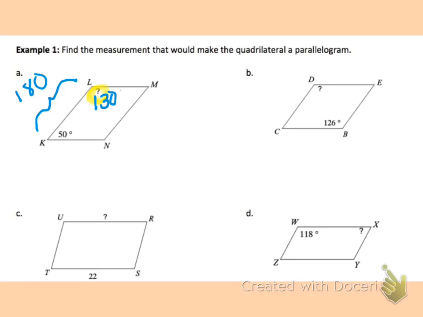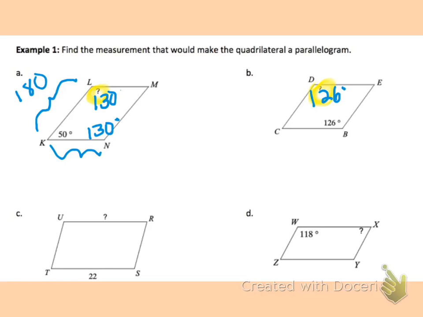And then so would N have to be 130 degrees, because you'd have to have at least two pair of consecutive angles being supplementary. So if you wanted to make sure that this was a parallelogram, then you'd have to know that this opposite angle is the same as the one on the other side.